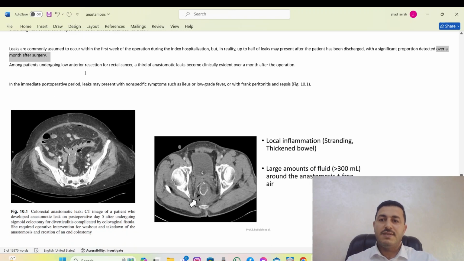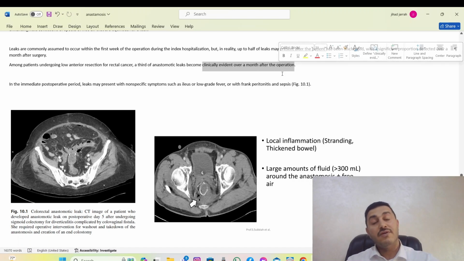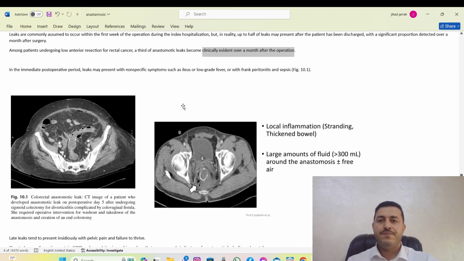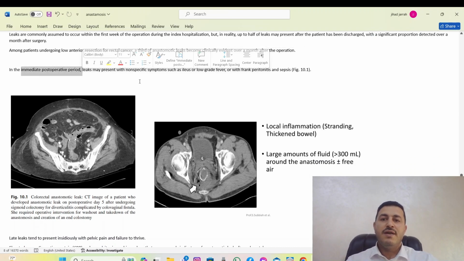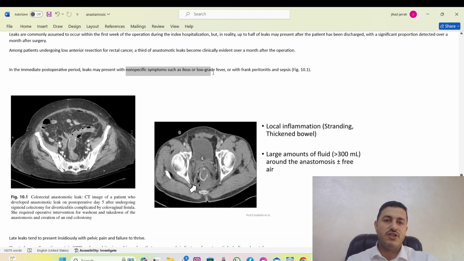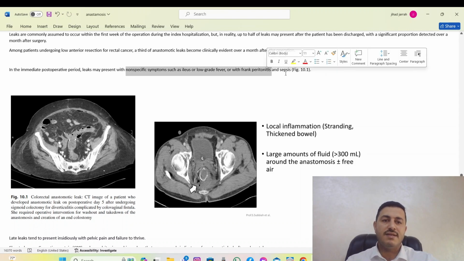Especially in patients undergoing rectal cancer surgery, anterior resection, anastomotic leak can become clinically evident over a month after the surgery. Again, in the immediate post-operative period there are non-specific symptoms such as fever, peritonitis, sepsis.